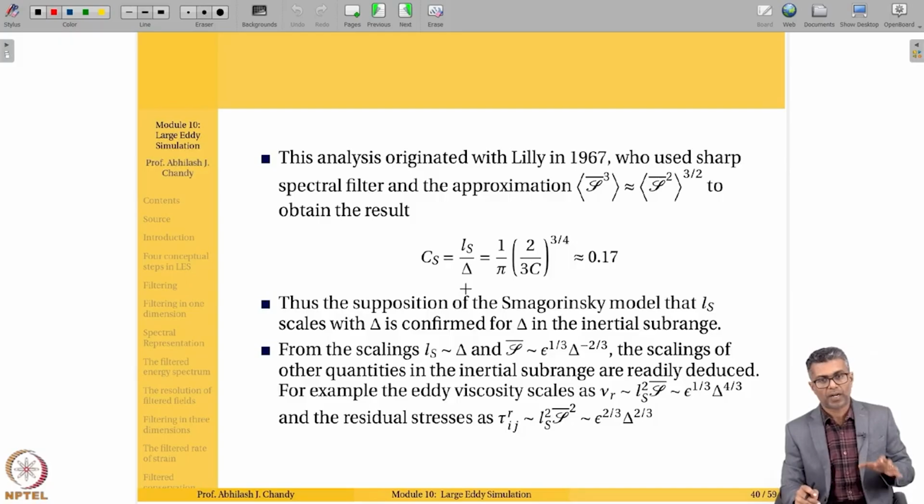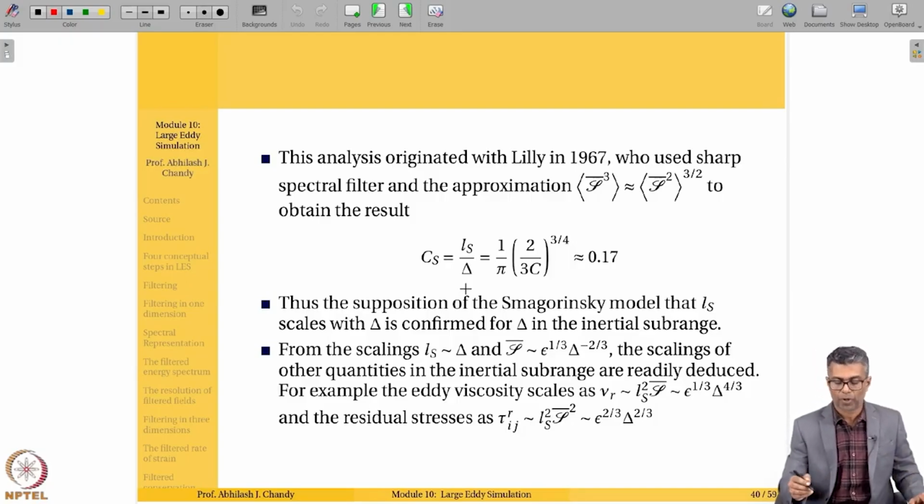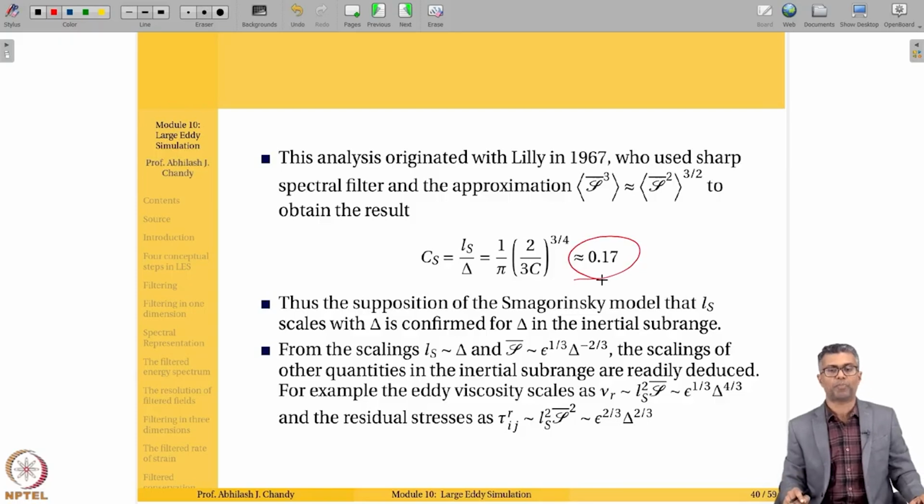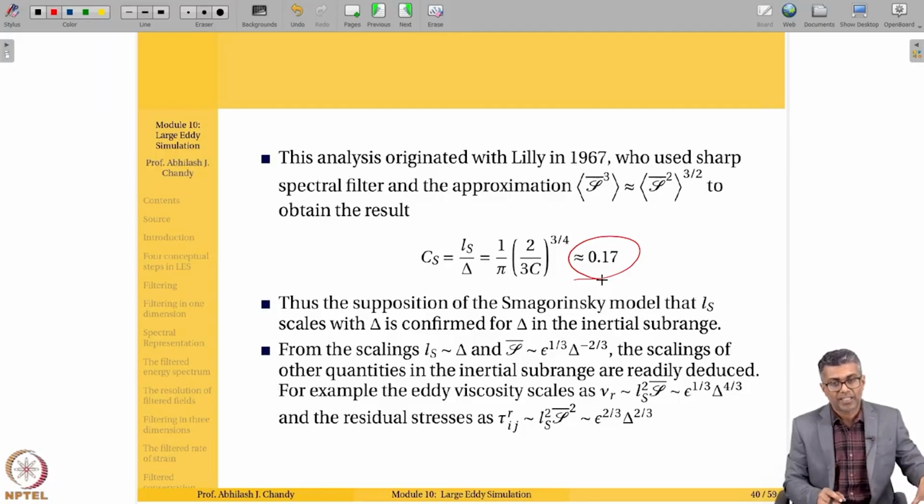Turns out if I plug in my C value as 1.5, a universal constant, and pi as 3.14, I get it to be approximately 0.17. So that is where the CS value comes from, assuming your filter width is in the inertial subrange.